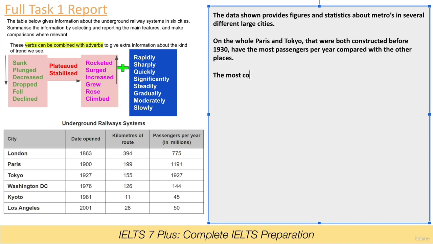The total passengers or users for London, Paris, and Tokyo are far greater than the other 3 cities. There we go.